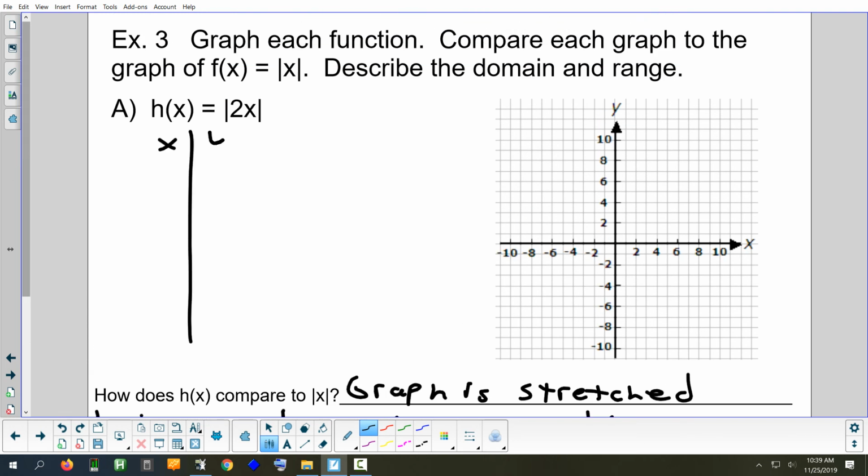Just make your table, set what's inside the bars equal to 0. This time you got a little bit of work to do. What's 0 divided by 2? 0. Now you make your table from there. And if you draw it, you'll see what it looks like.